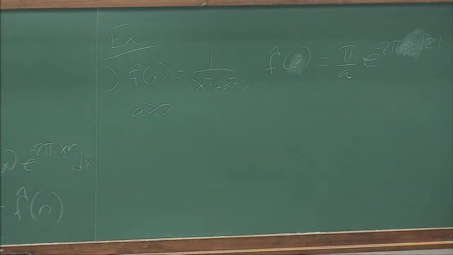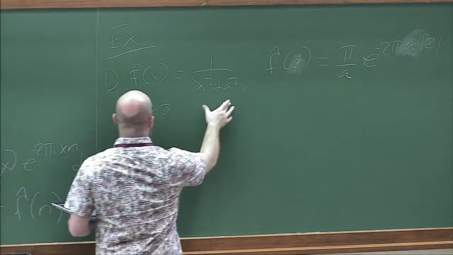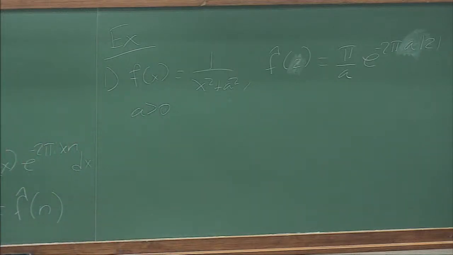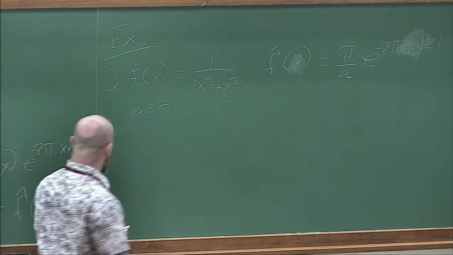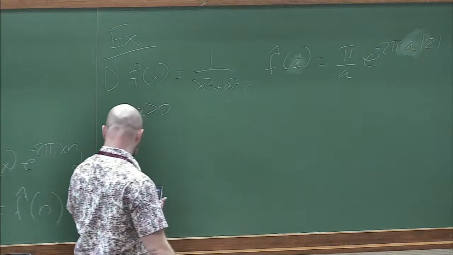Now, whether you want to compute this Fourier transform directly or look it up in tables of Fourier transforms, it's a fairly standard one. It's easy to see. When we plug this into our formula for Poisson summation, this gives us a very important result that we use in modular forms all the time.